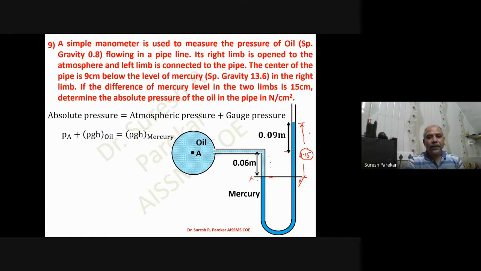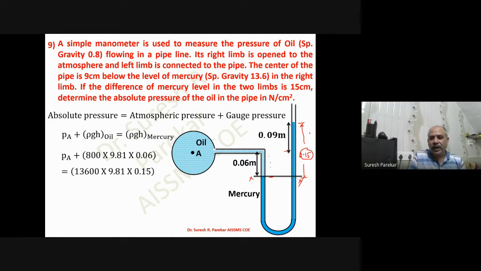So PA plus rho gh of oil is equal to rho gh of mercury. Because we are going down, as depth increases, pressure increases. So 800, because we have oil here, into 9.81 into 0.06, is equal to the density of mercury, 13600, into 9.81 into 0.15. That will give us the value of PA.